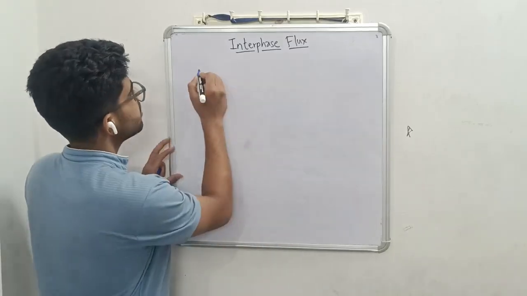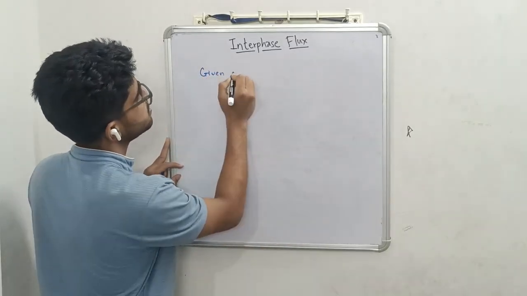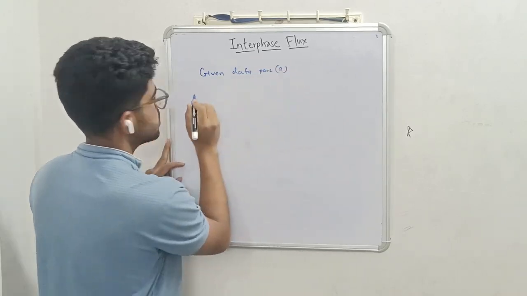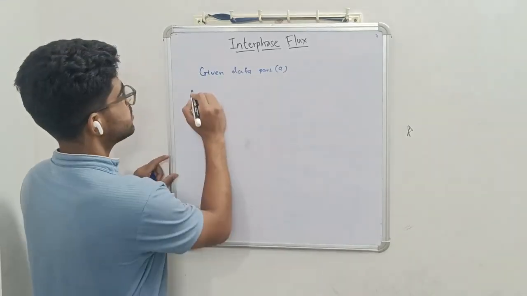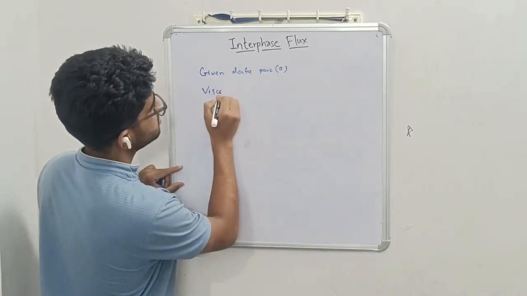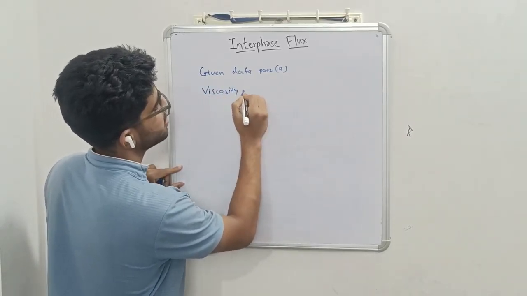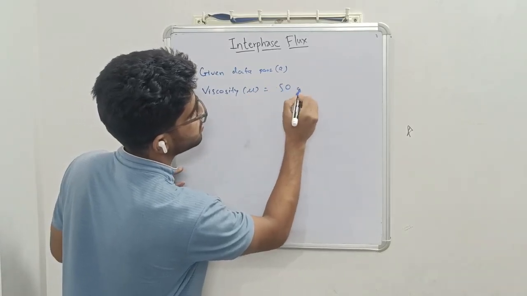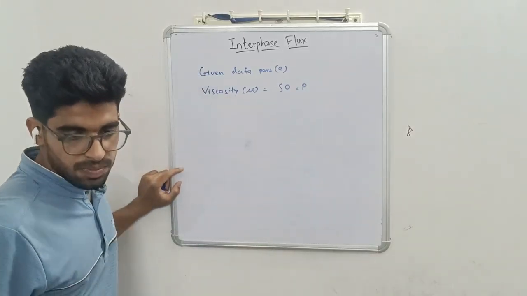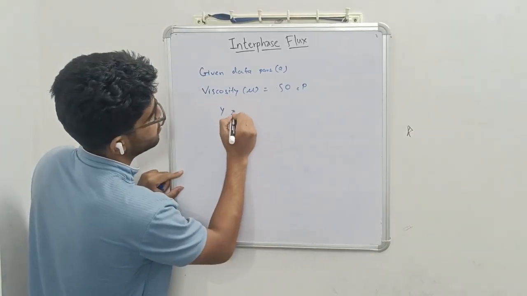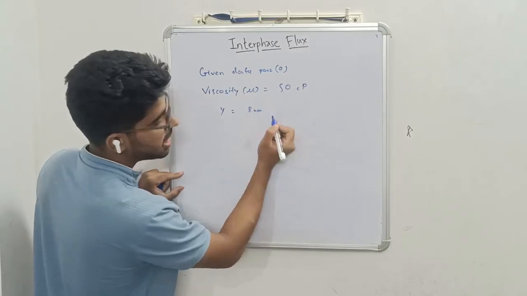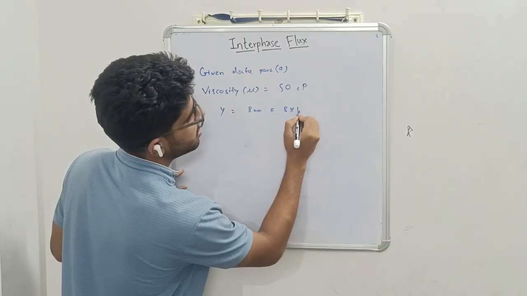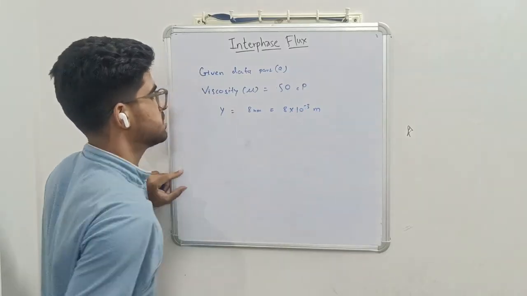So the given data for part A, first one is the viscosity, which is 50 centipoise. And the next one is plate separation, which is 8 mm in y direction. We will write it in SI unit, which is meter.